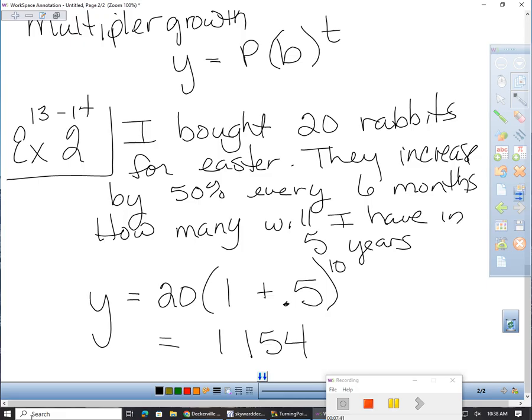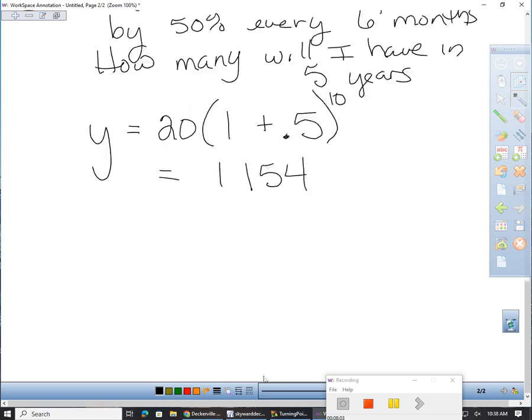So, again, we always set it up as 1 plus the percent as a decimal. Do we have a question? I have some head shaking. I see some people. Give me questions. We don't have any questions? Okay. Well, let me do another one then to make sure we're understanding.